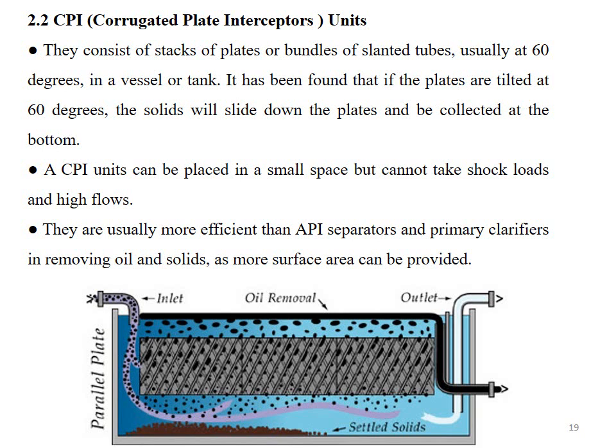The oil is collected above the surface, and from the surface it is collected in a pipe and then sucked out from this pipe to remove it from the wastewater.